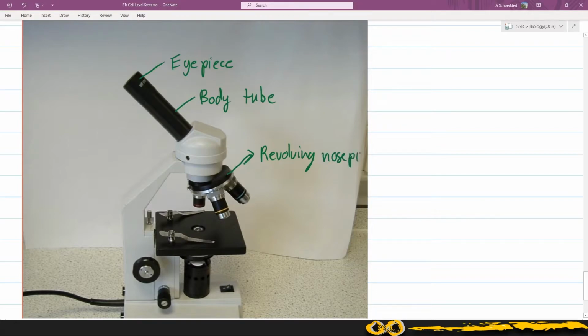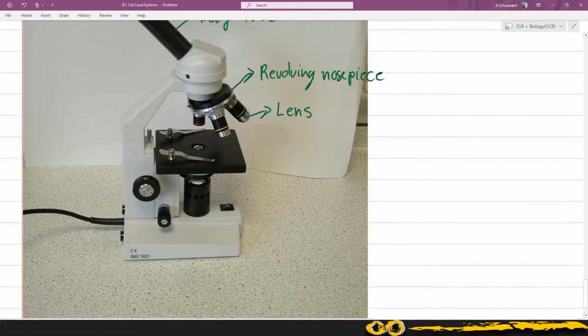And the revolving nose piece is carrying the various different lenses that you might have attached to your microscope. That's going to be suspended over the stage, and most stages will also have some stage clips to hold the slide in place. There will be some form of light source, and then there are your two focus adjustments.